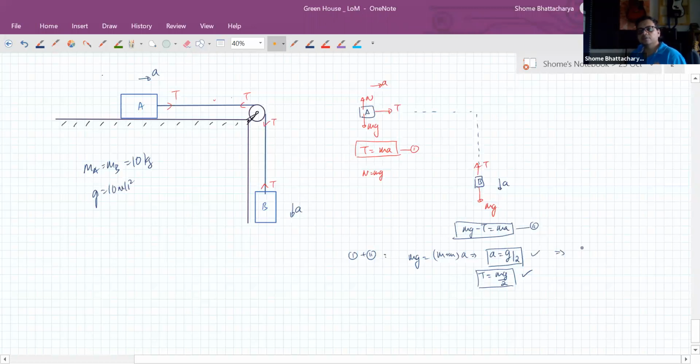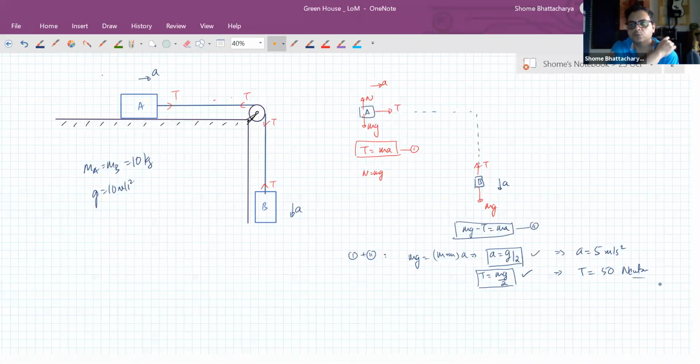So the common magnitude of acceleration will come out to be 5 meters per second square, and the tension in the thread will come out to be half the weight, so that is 50 newtons. This is the most basic type of example of a system having a pulley. Once again, the key to solving it is the free body diagram, and then the application of Newton's second law from free body diagrams.